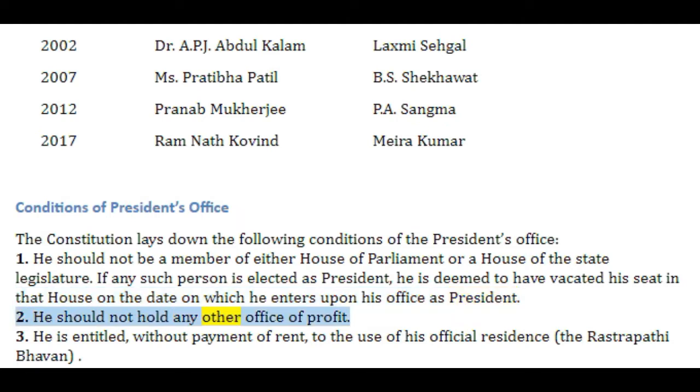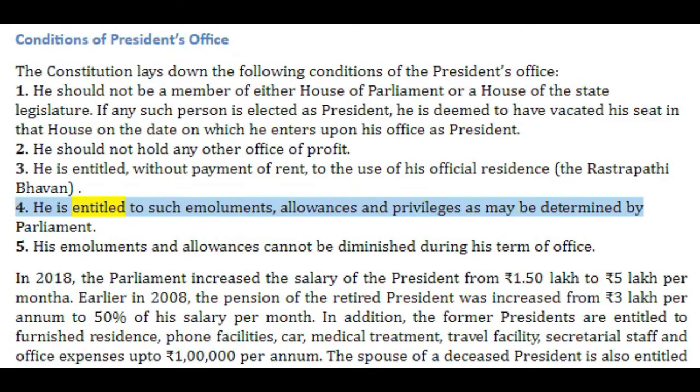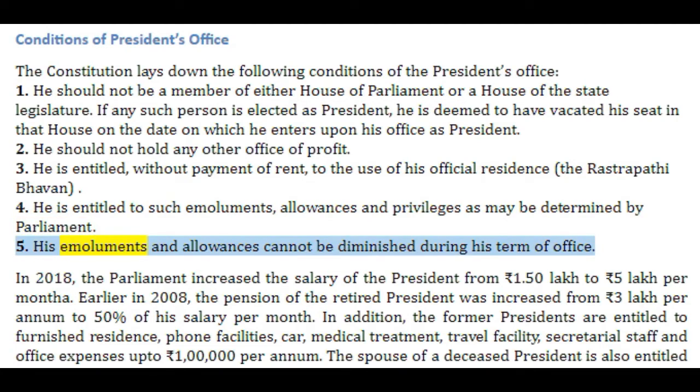He should not hold any other office of profit. 3. He is entitled, without payment of rent, to the use of his official residence, the Rashtrapati Bhavan. 4. He is entitled to such emoluments, allowances, and privileges as may be determined by Parliament. 5. His emoluments and allowances cannot be diminished during his term of office.